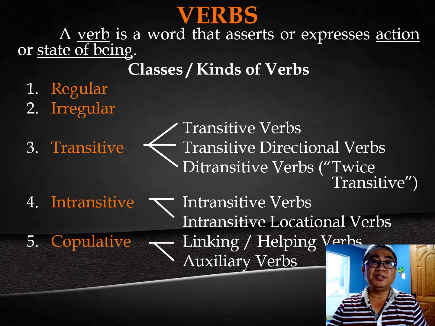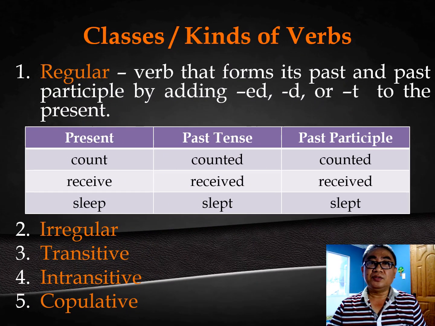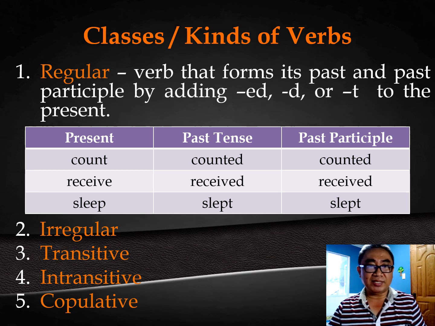Getting back to regular verbs, forming its past and past participle by adding ed or d or t to the present, like count, counted, counted. So the past tense and past participle are exactly the same.